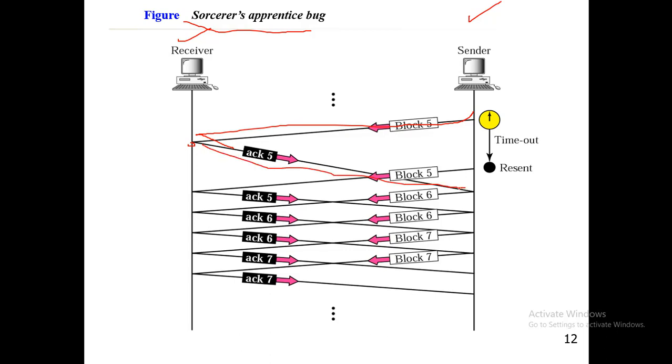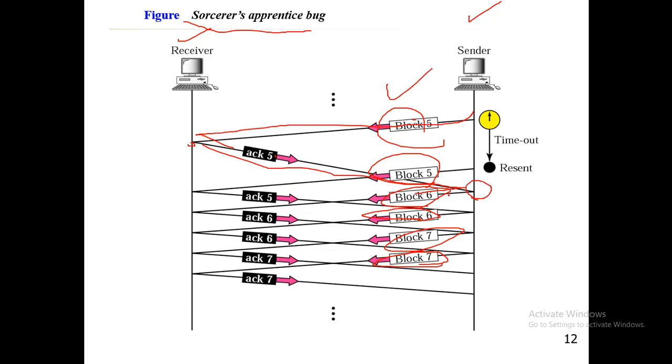This is going on and on, and there is a small error you can see over here. Because of delay, this 5 is sent twice, and the 6 is sent twice, and the 7 is sent twice, because the acknowledgement of this packet was received at a very late time.